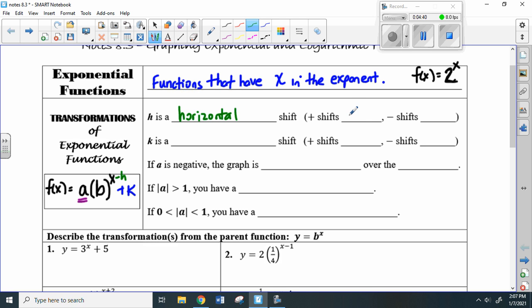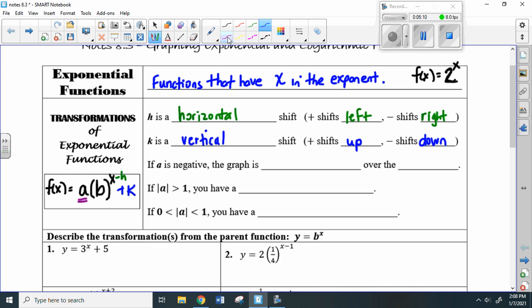Please remember that plus means left and minus means right. k is the number added or subtracted afterwards, after the whole rest of the function, and that's your vertical shift, your up and down. Remember, plus means up and minus means down.